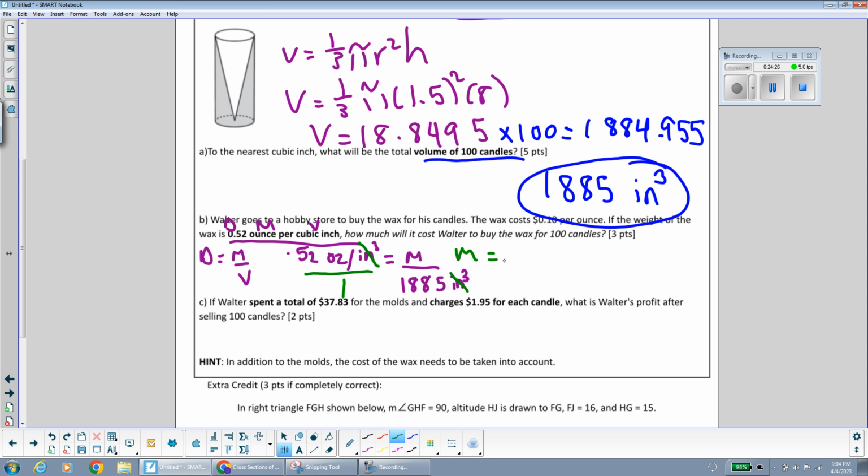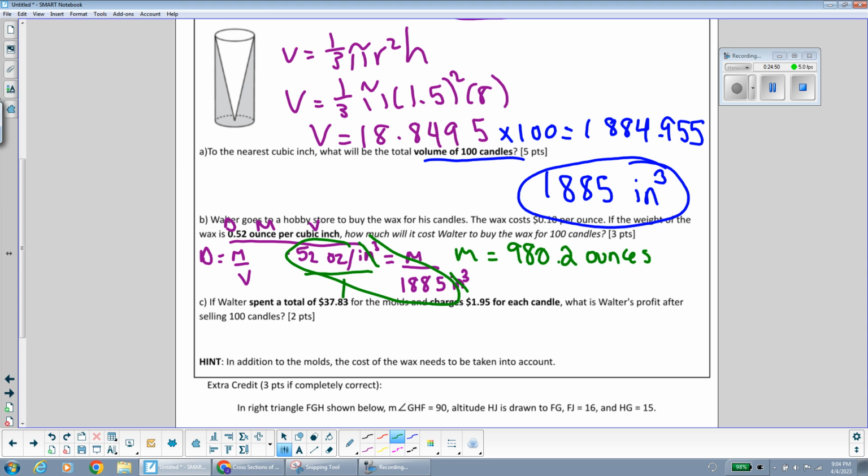So the mass is equal to, all we have to do is cross multiply, 0.52 times 1885. And I got 980.2 ounces.